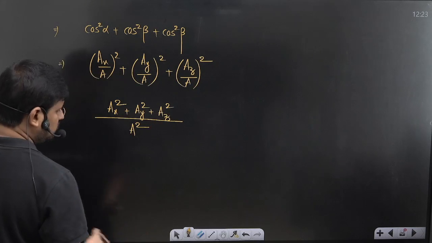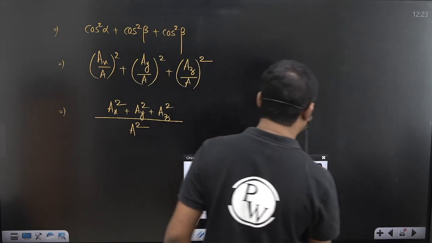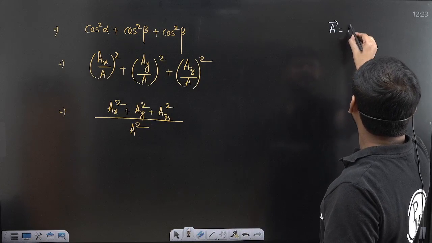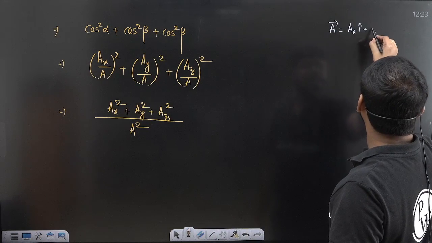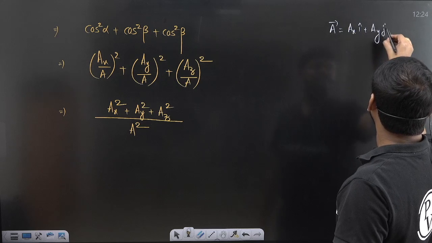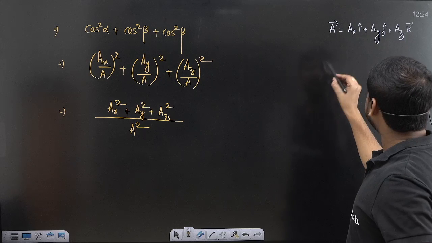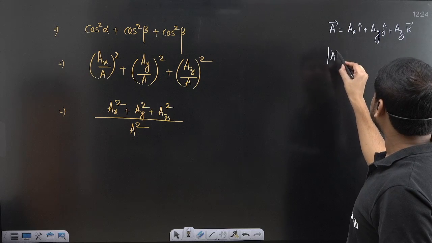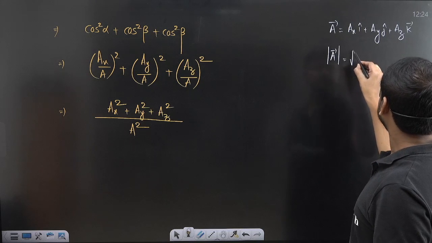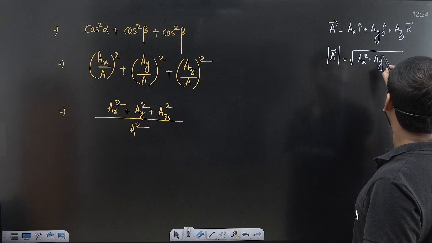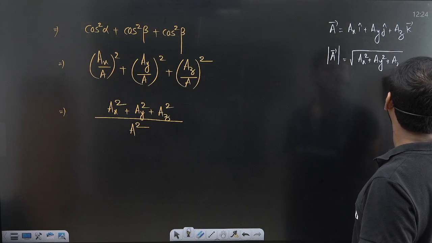Now the thing is, we have the vector, right? The vector A is given as Ax i cap plus Ay j cap plus Az k cap. Now from here, the magnitude of the vector A is going to be the square root of Ax square plus Ay square plus Az square. Yes or no?